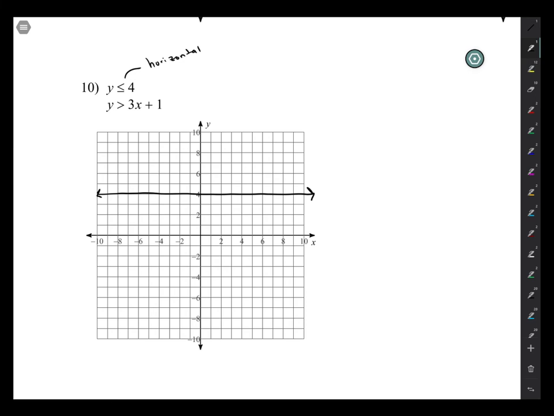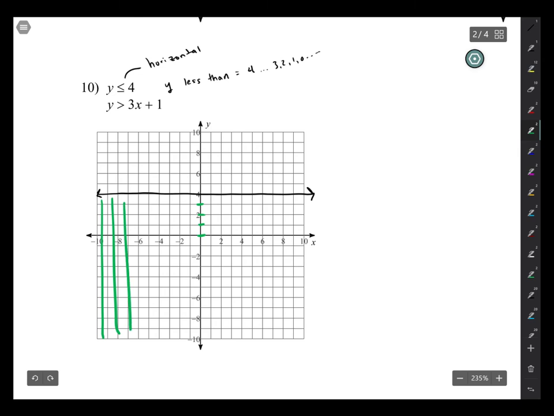So think, it wants y less than or equal to 4. Well, what numbers are less than or equal to 4? That would be 3, 2, 1, 0, and so forth. And where are those on the y-axis? Well, here's 3, here's 2, here's 1, 0. So that means we're going to shade below.